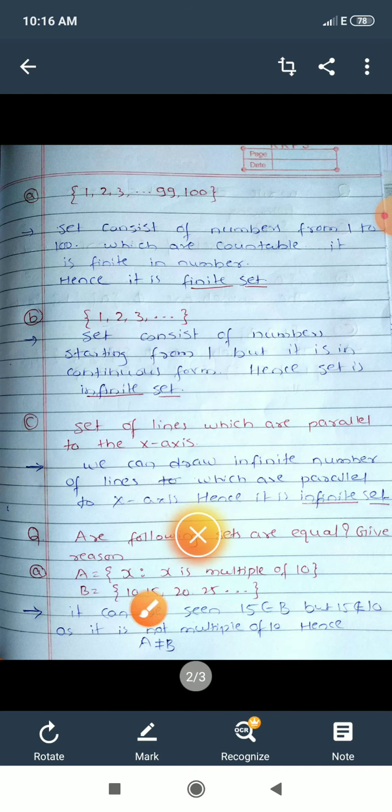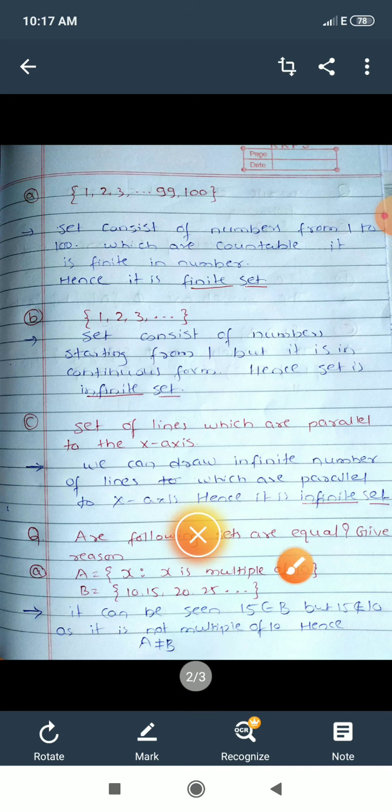Now here set A consists of x such that x is a multiple of 10, and set B is 10, 15, 20, 25, and so on. If you observe carefully, set A consists of all those numbers which are multiples of 10, whereas set B consists of 10, 15, 20, 25 and so on.